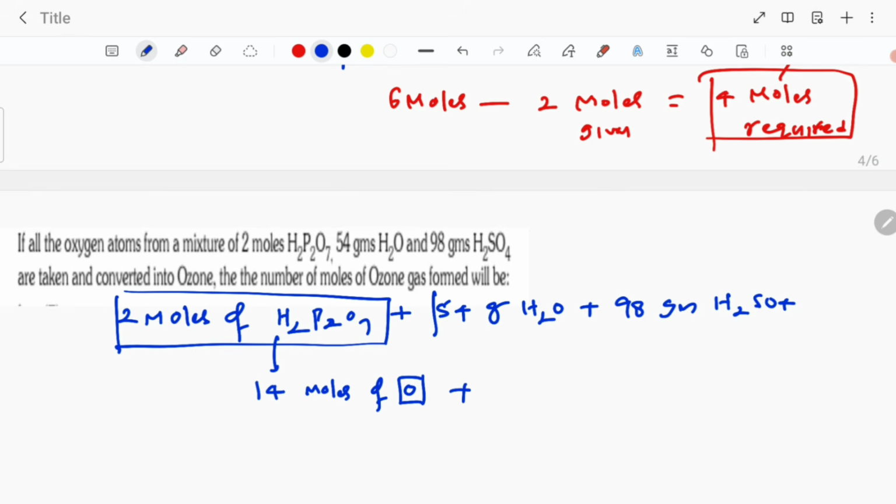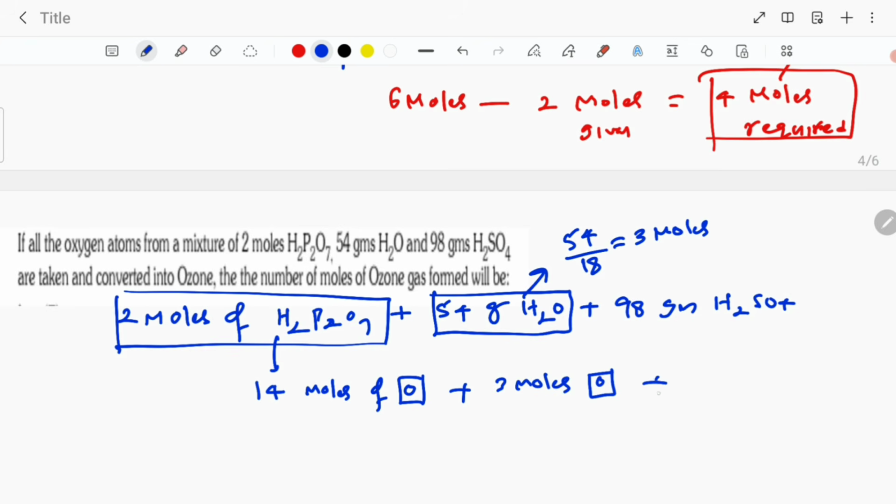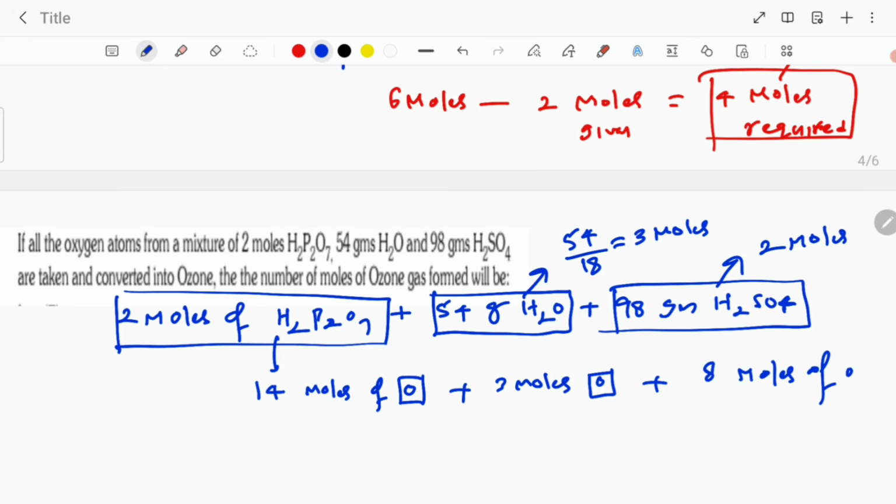Plus, see 54 grams of H2O, meaning how many moles? 54 by 18, which is 3 moles. So 3 moles, because it contains only one oxygen atom, 3 moles of oxygen present. See 98 grams of H2SO4, meaning how many moles? 2 moles of H2SO4 because molecular weight is 49. So 2 moles, each mole contains 4 oxygen atoms. So here overall you will get 8 moles of oxygen.